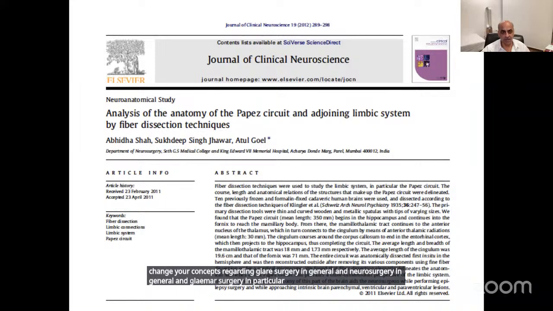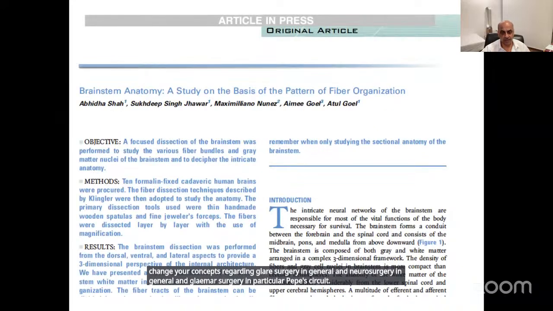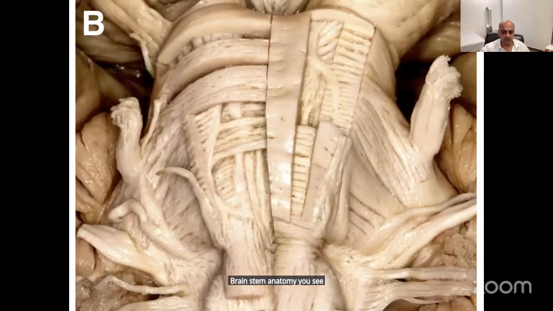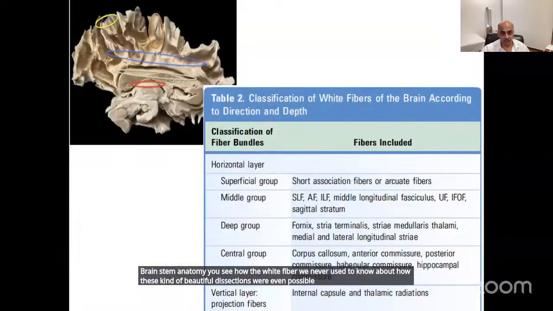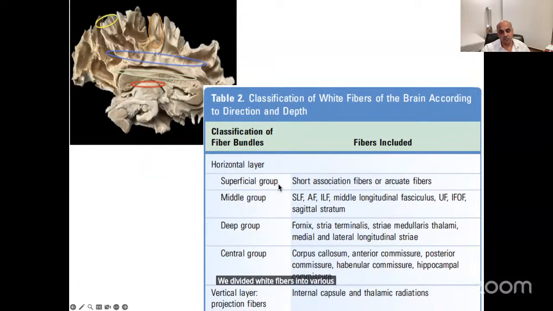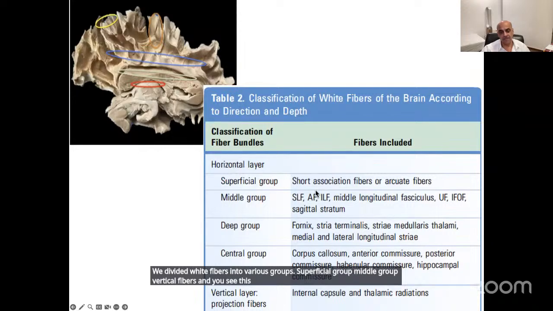Papez's circuit, brainstem anatomy: we never used to know how such beautiful dissections were even possible when I joined neurosurgery. We divided white fibers into various groups: superficial, middle, and vertical fibers, a classification according to how they are located, how they extend, and how they function.